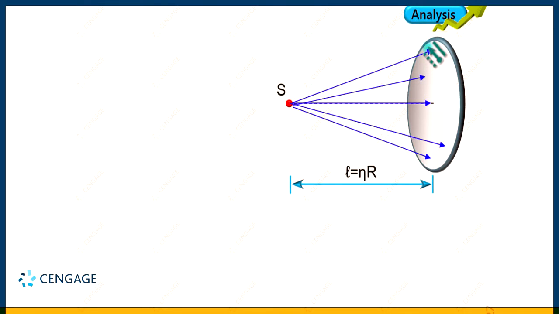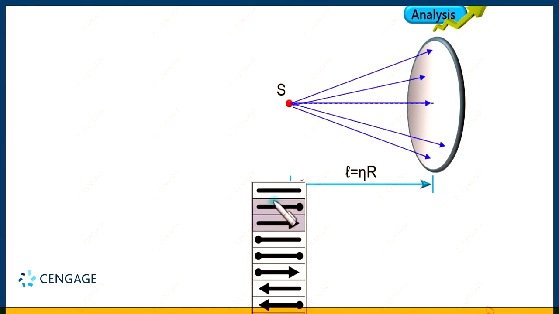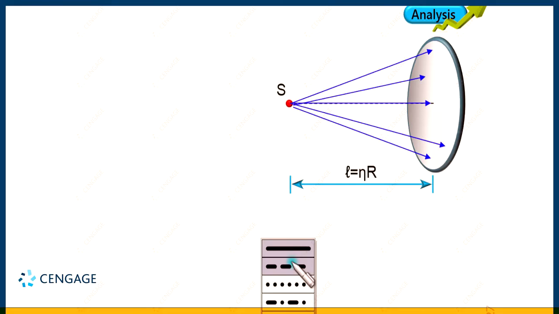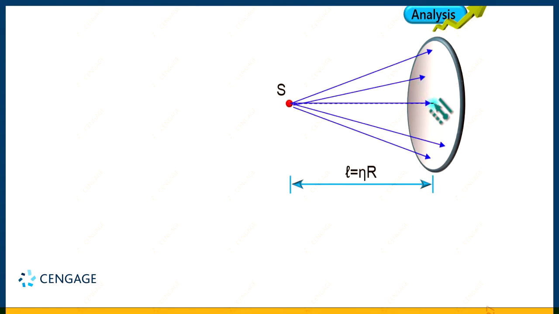That means the intensity at the points where rays are incident on the surface will be different. That means the intensity of the radiation is not constant over the surface. Also, you can observe the angle between the direction of the radiation and the normal to the surface is not constant.